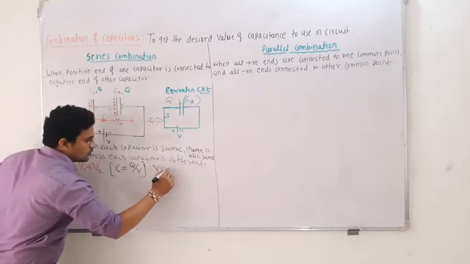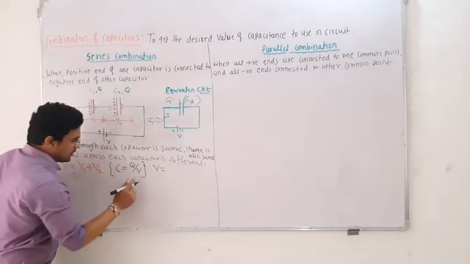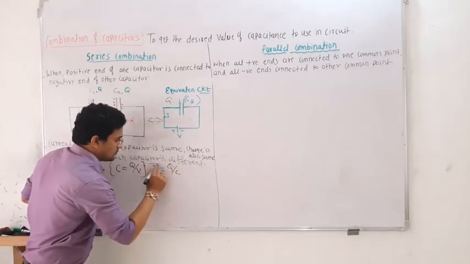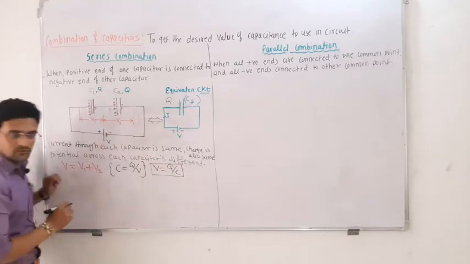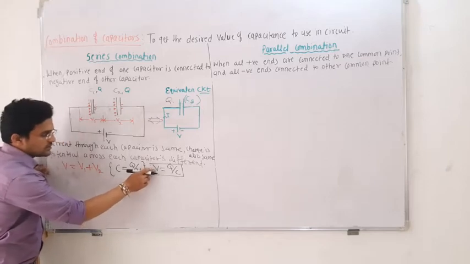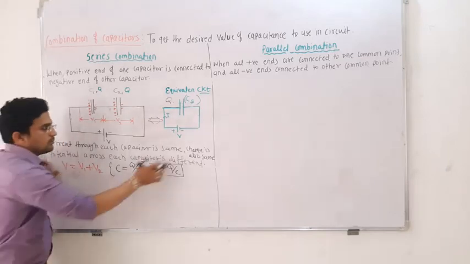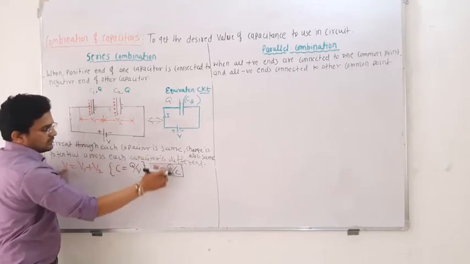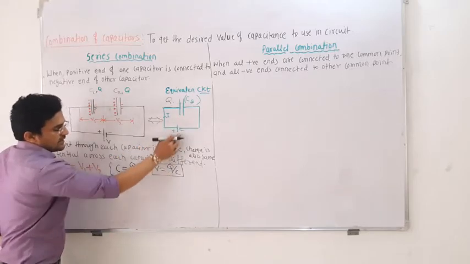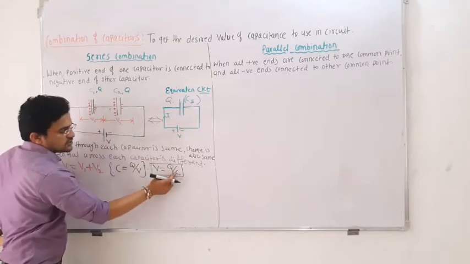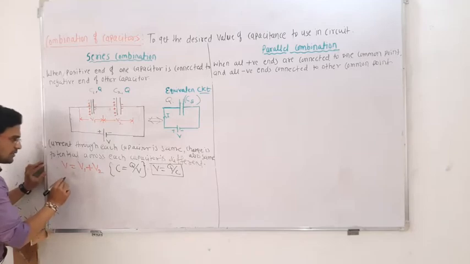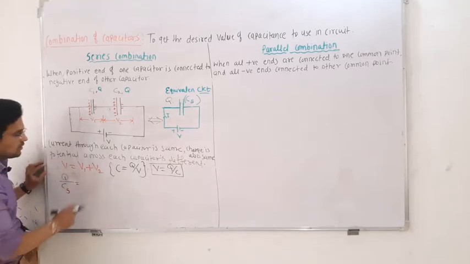Therefore V is equal to Q divided by C. Now apply this along the equivalent circuit. V is the same, Q is the same, but instead of C you have to take CS, because it is collective. So V can be represented as Q divided by CS, which equals V1 plus V2.